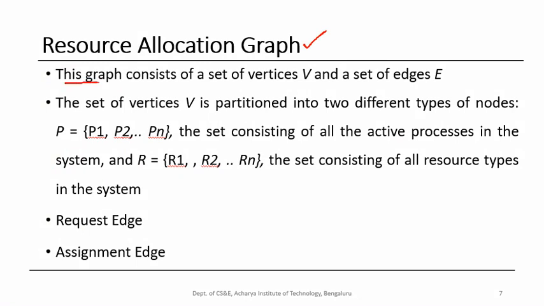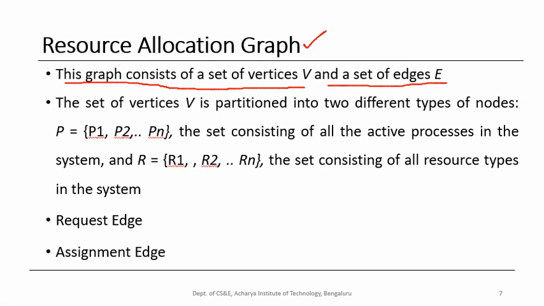This graph consists of a set of vertices V and a set of edges E. Normally a graph will have vertices and edges connecting these vertices. So here also the resource allocation graph is going to have vertices and edges connecting them.